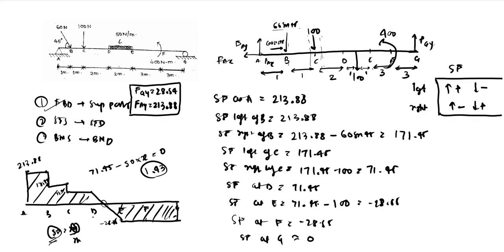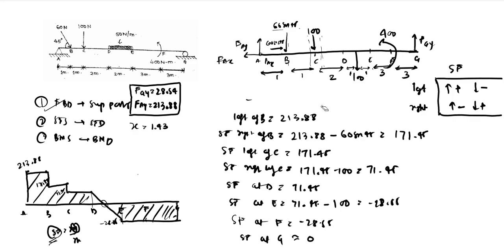So 1.43 meter from D, the shear force is going to zero. That is what we have calculated, that x is equal to 1.43 from D, it is going to zero. Then we can make the bending moment diagram.